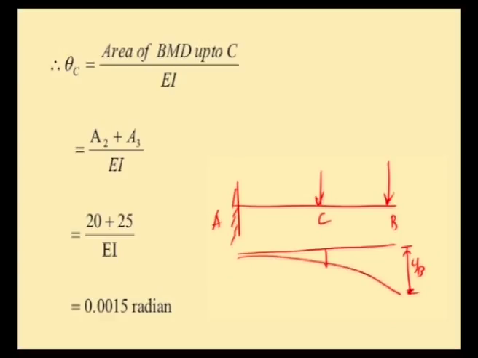Now, if I want y_C and theta_C, the slope as well as the deflection at C, for the slope at C I need to find the area of the bending moment diagram up to C. We have the bending moment diagram with 3 portions: a triangle, a rectangle and another triangle. If we compute the area of portions 2 and 3 alone, that will give the slope at C. So the slope at C is the area of the bending moment diagram up to the point C.